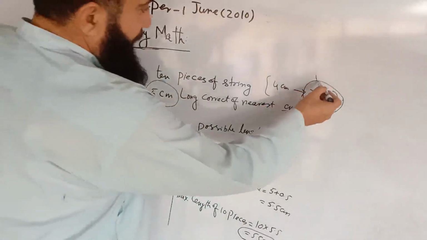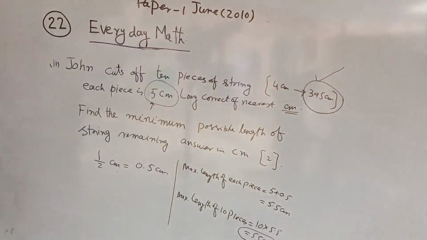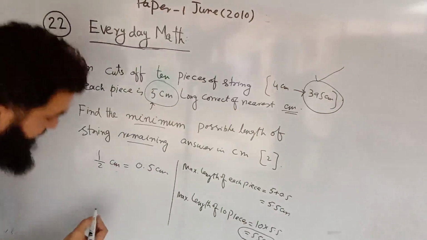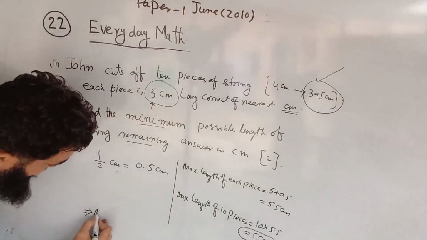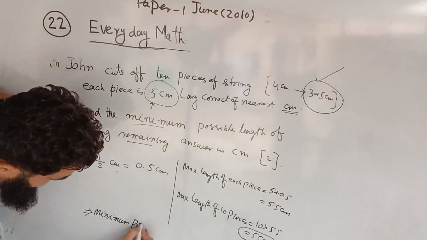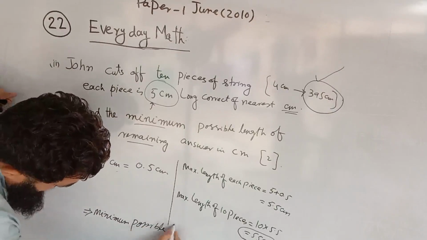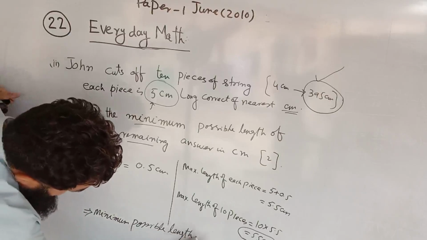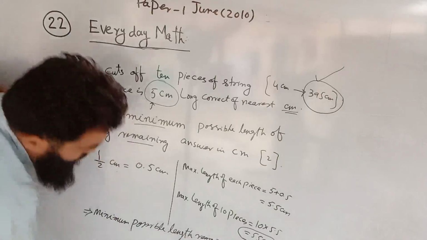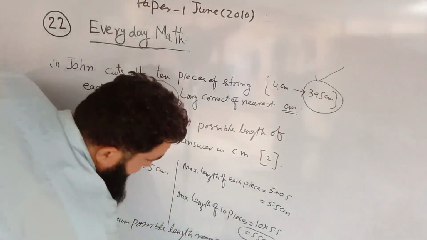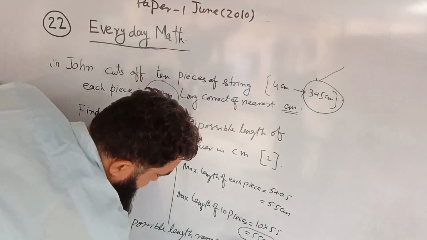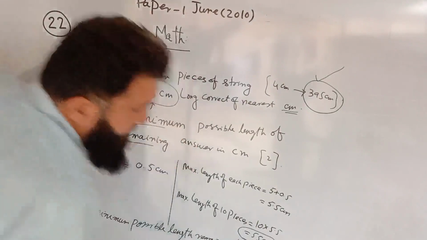And which minimum length? 395. So to get the minimum possible length of remaining string, it will be equal to lower bound, which was 395, minus 55 centimeter.